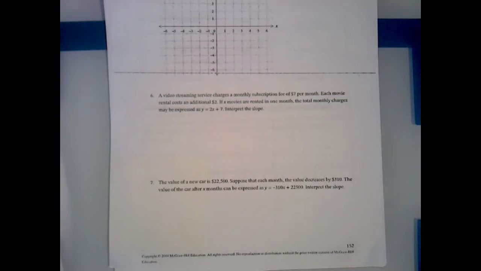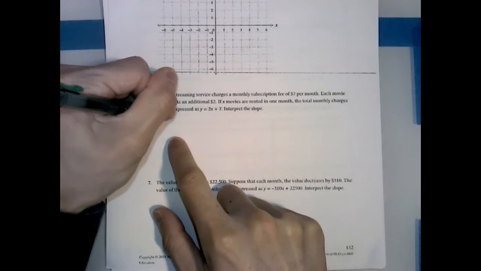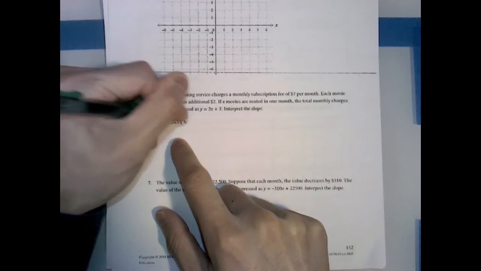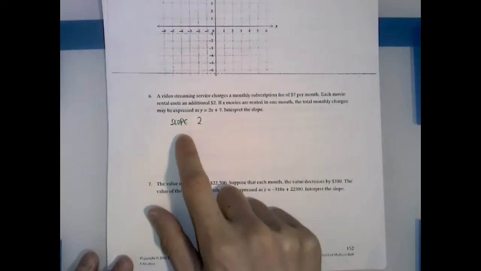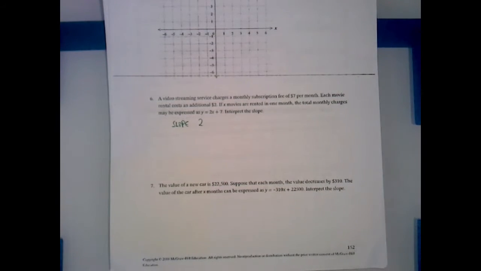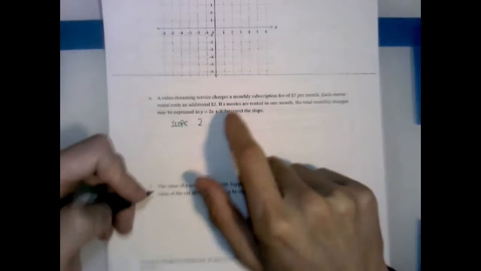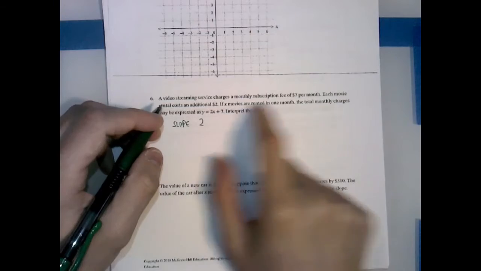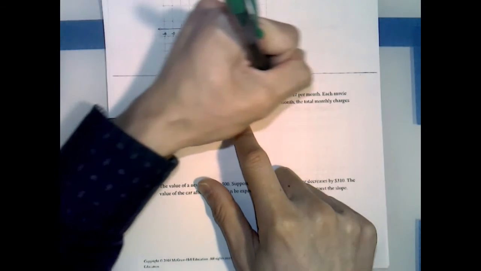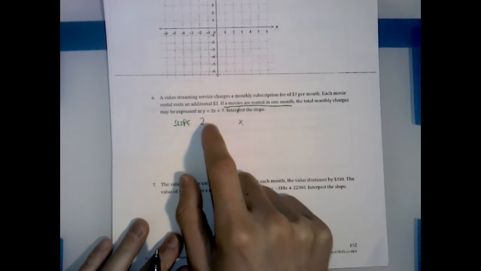So slope here, you probably have already written it down or just already know what it is. Slope is 2. But before we even talk about slope, it's probably a good idea to just remind yourself what x and y are. x here is the number of movies rented in 1 month. And the total charges is y.